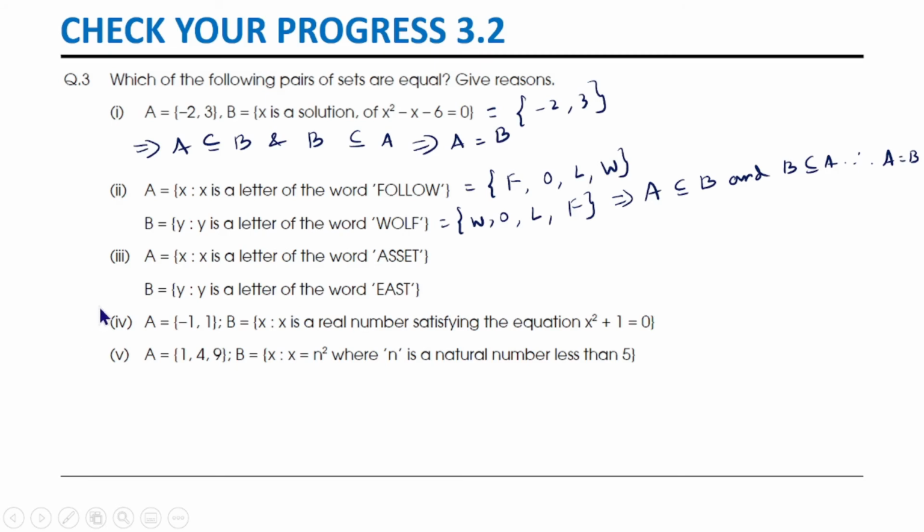Then the third subdivision, A is equal to set of all x such that x is a letter of the word asset. B is equal to set of all y such that y is a letter of the word east.